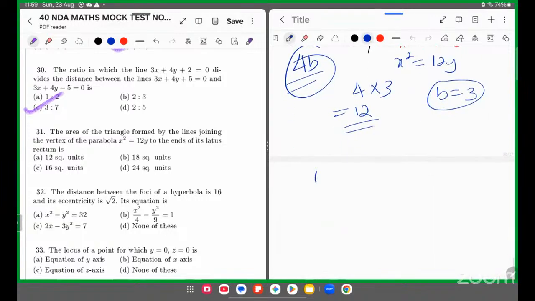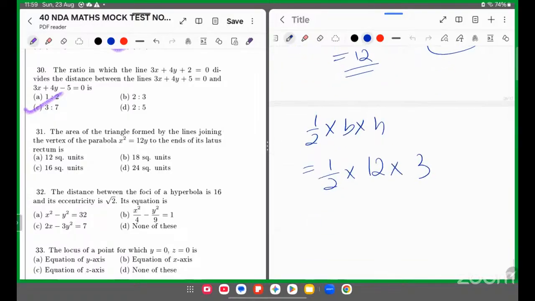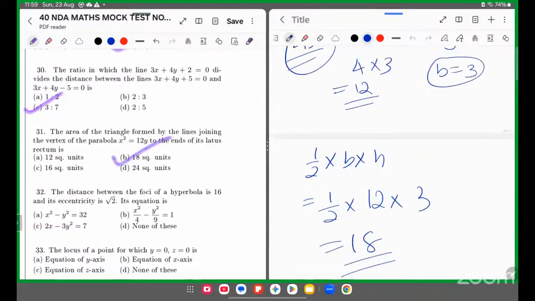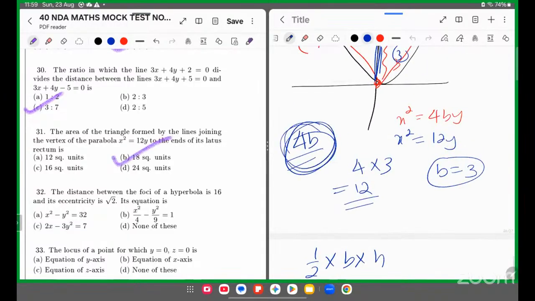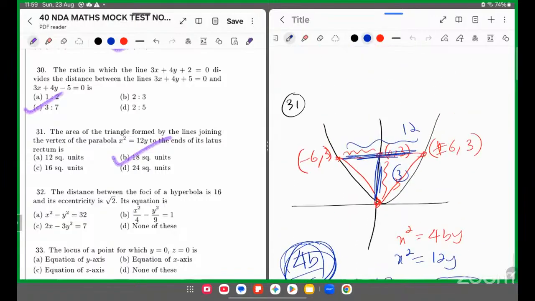So area will be half into base into height. So half into 12 into 3, 36 by 2, 18 will be the answer. 18 square units. Length of the latus rectum is 4b.